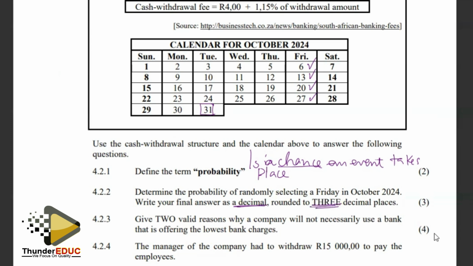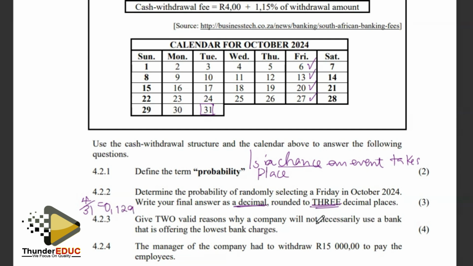So the chance is 4 out of 31. The answer becomes 4 divided by 31. We have the answer at 0, remember, they are saying the answer should be in 3 decimal places. So 0,129.